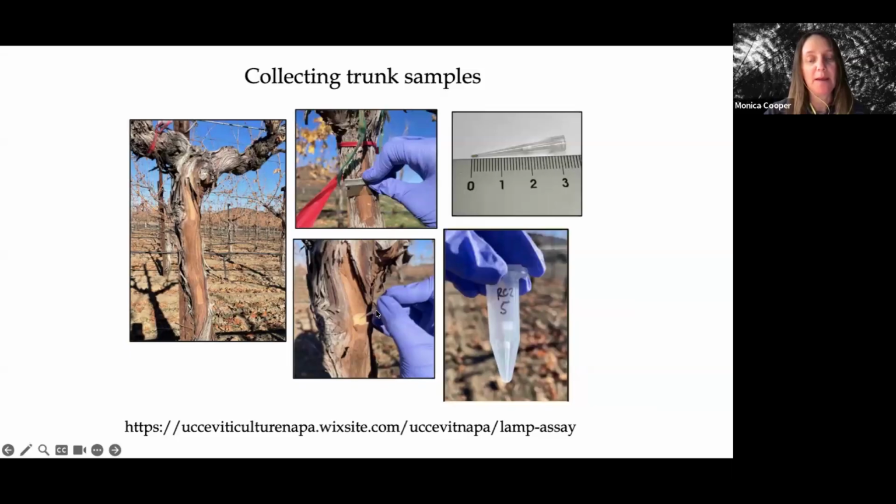You're going to grab the pipette tip and use it to collect the sample from the vascular tissue, as you can see here in the photograph where there's tissue in the tip of the pipette. And then while you're still in the vineyard, you're going to take that pipette tip and place it in a tube with distilled water. And then that becomes your sample template that you take back to the office or to your lab space and use to run the assay.